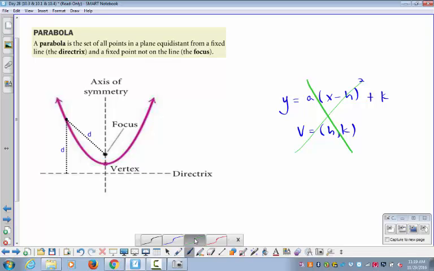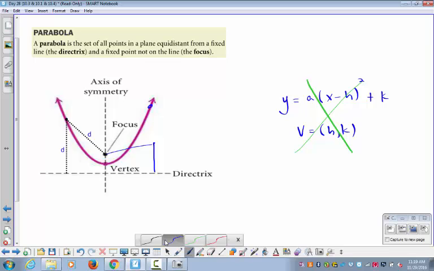So the definition of a parabola, there's these two mysterious quantities, the focus and the directrix, and the parabola is kind of sandwiched between them. So the parabola is the set of points that are equidistant from the two. So this point right here is not on the parabola because that distance and that distance are not the same.